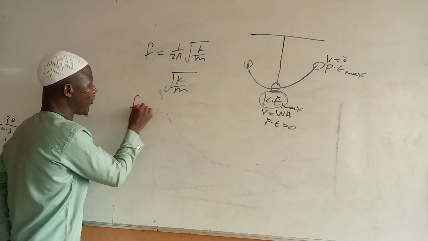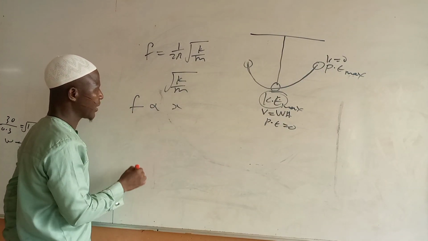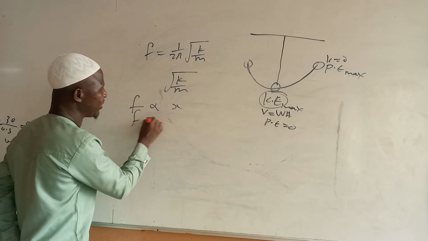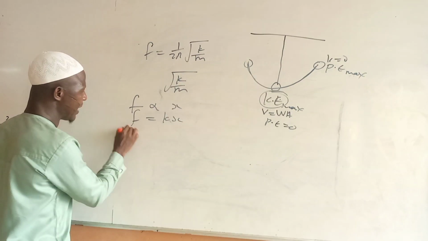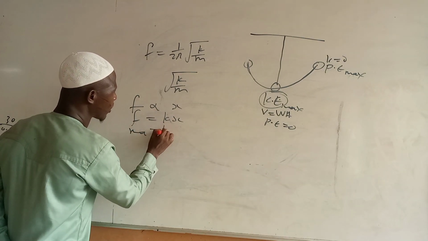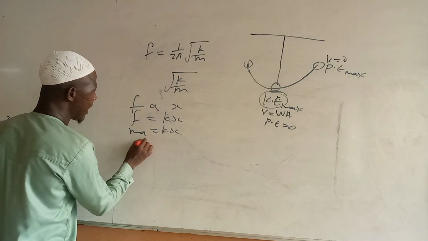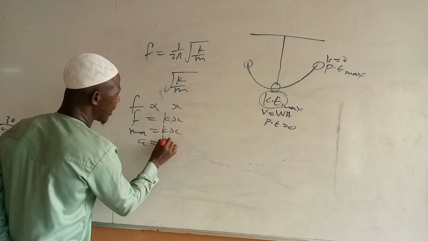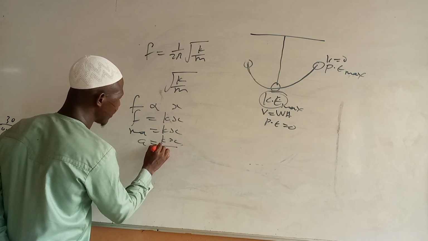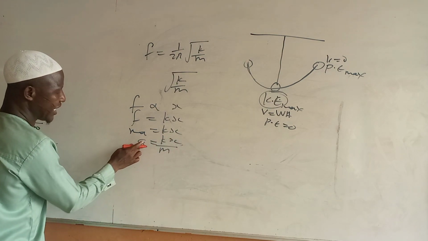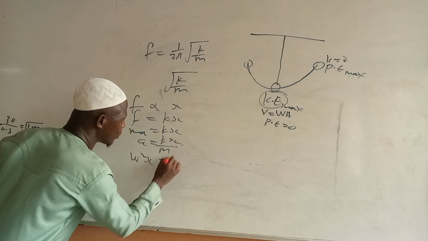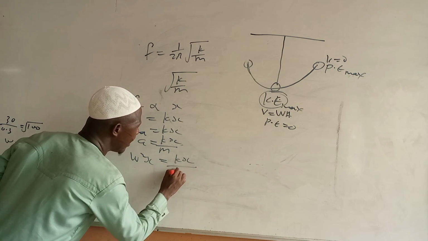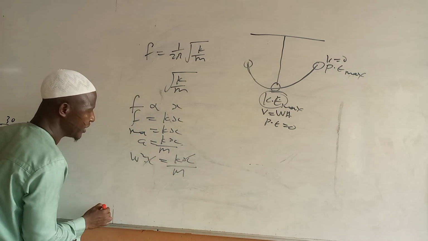When we have force varying directly with x, we said F is equal to Kx. Then this is what? MA. MA is equal to Kx. Therefore, A is equal to Kx over M. Then this A is omega square x, equal to Kx over M. This cancels this.